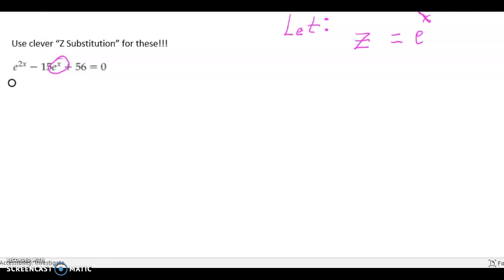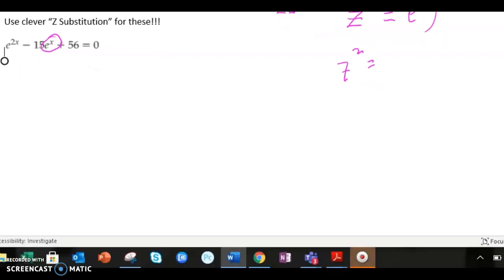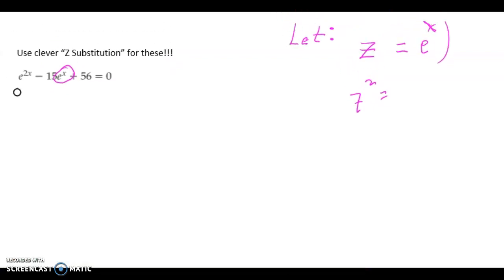So if Z equals e to the x, then if I square both sides, Z squared would equal e to the 2x power, because a power to a power, we multiply the powers.